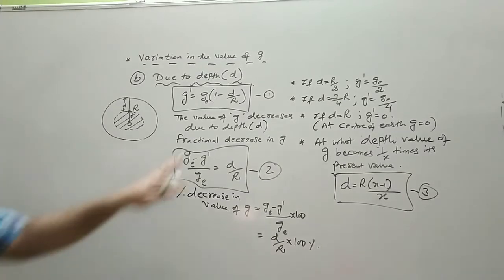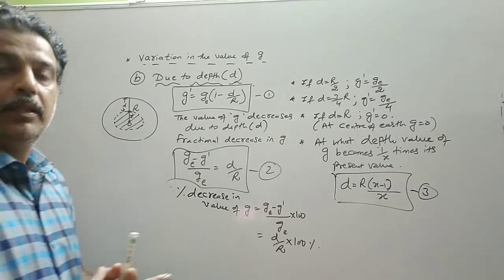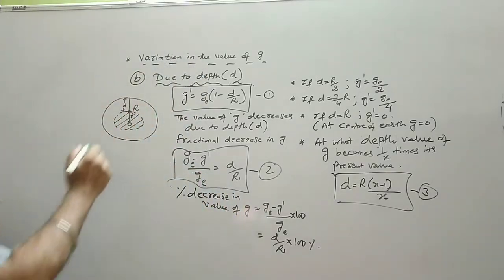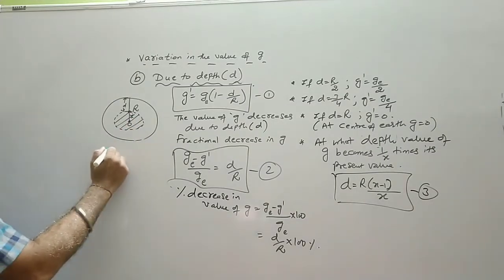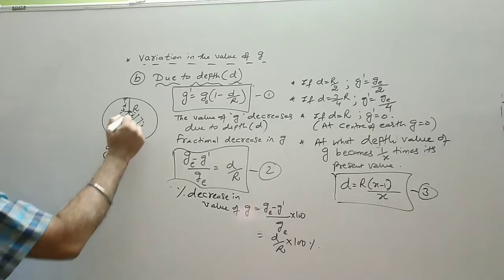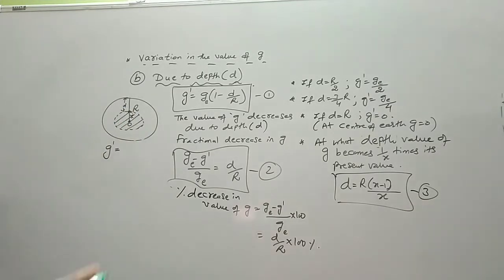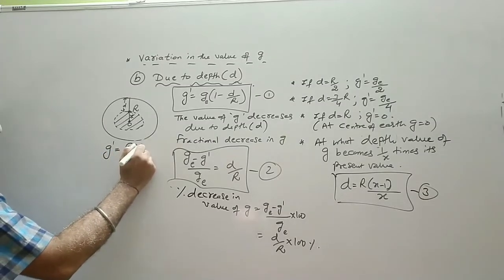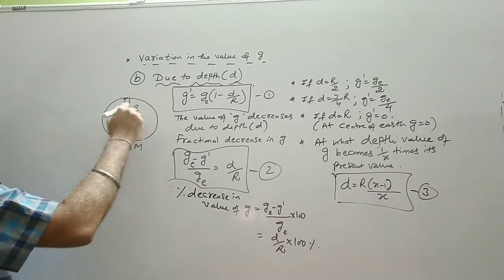Now this is the formula in terms of the depth. At the same time, in our NCERT book, we derived the formula in terms of the small r. Small r is always taken from the center of the earth. So g dash at this point can be written as, we take a general formula, g times the mass of the earth, which is this shaded portion.